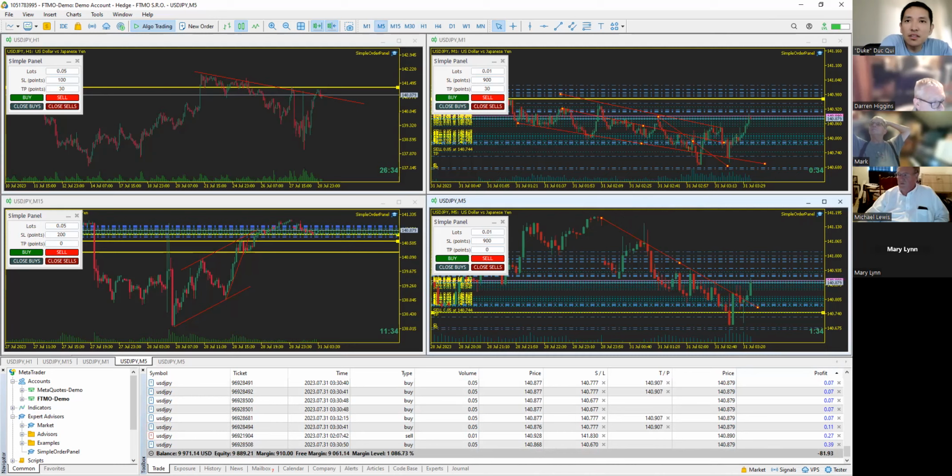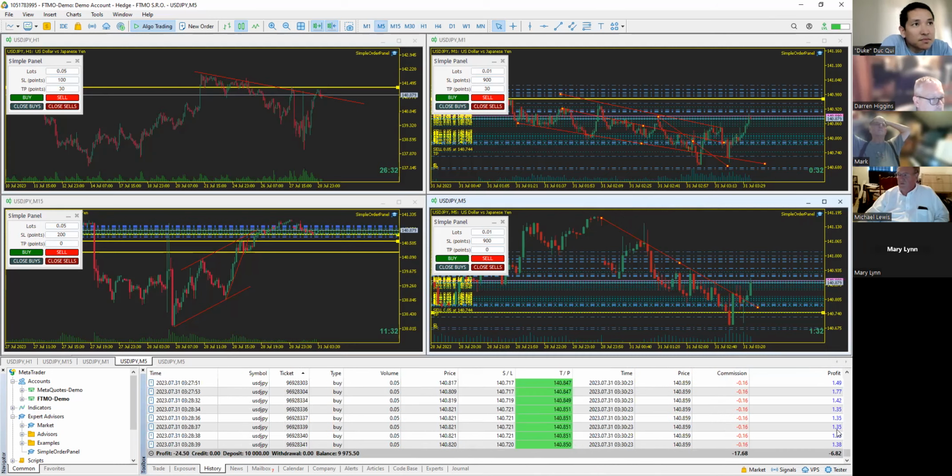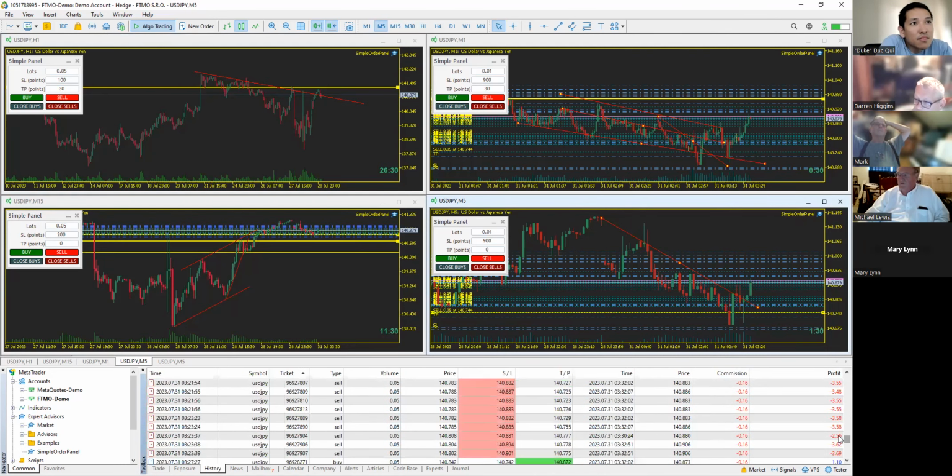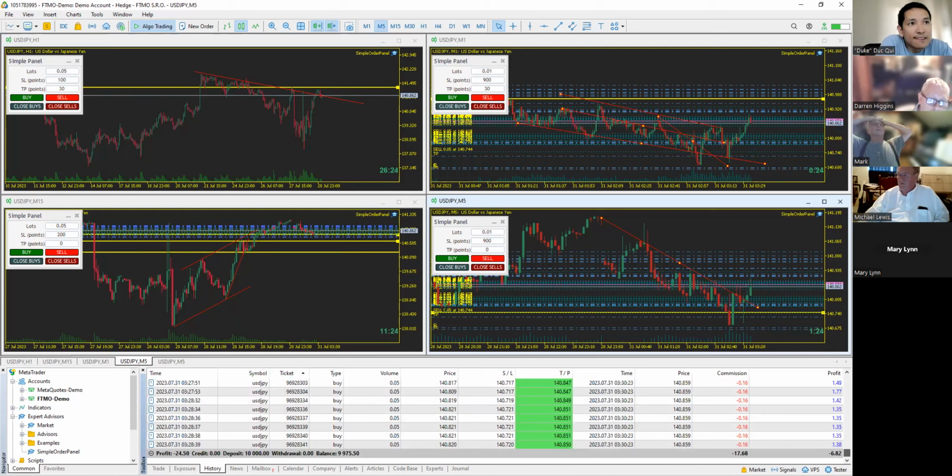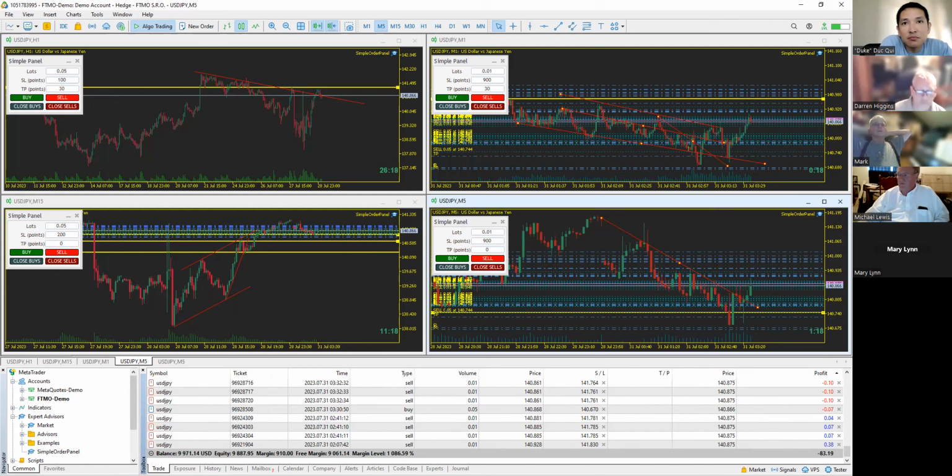So when you take the loss, man, it's really bigger, because it has the commission and it has the profit, the loss. You're breaking even right now. Minus 25, basically, with the drawdown.